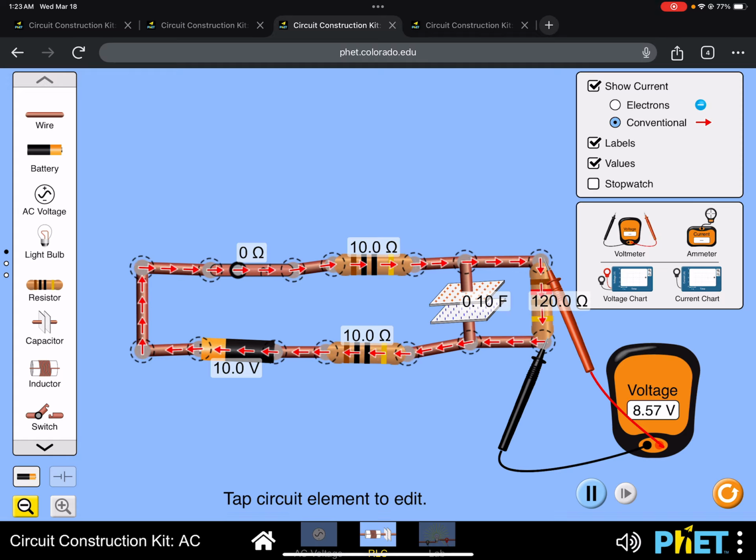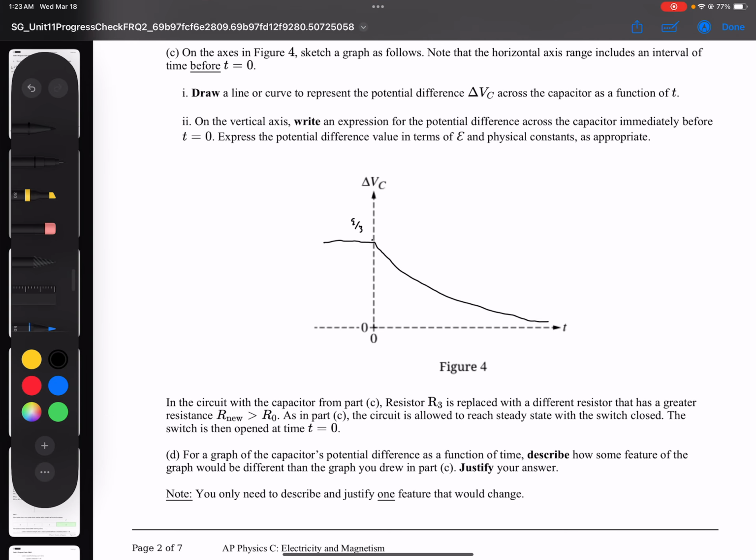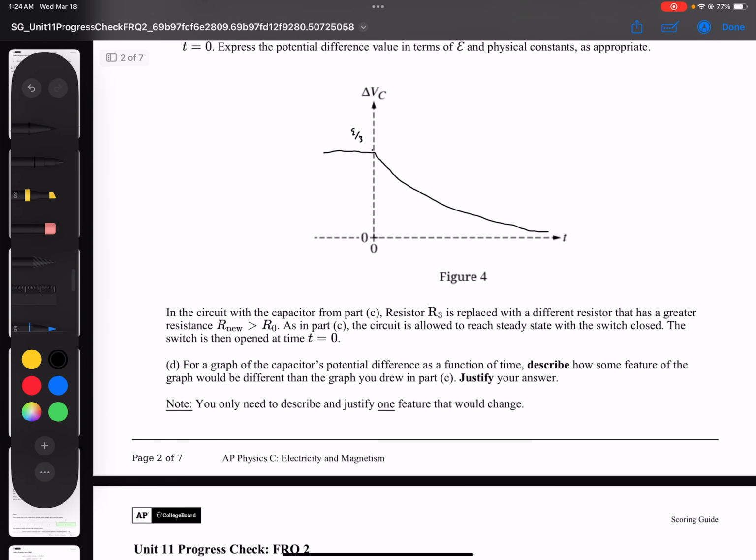So going back to answering part D, it's asking about the potential difference as a function of time. What are some features that would be different than in the graph that you drew? Well, for one, I know that the potential difference is going to be larger. The potential difference across the capacitor is going to be larger because it has to have the same potential difference as the resistor.